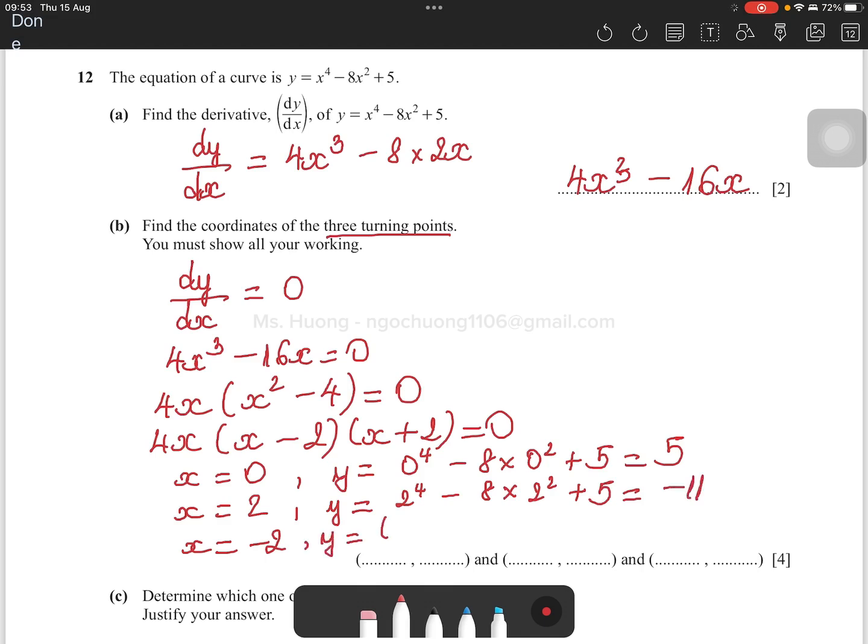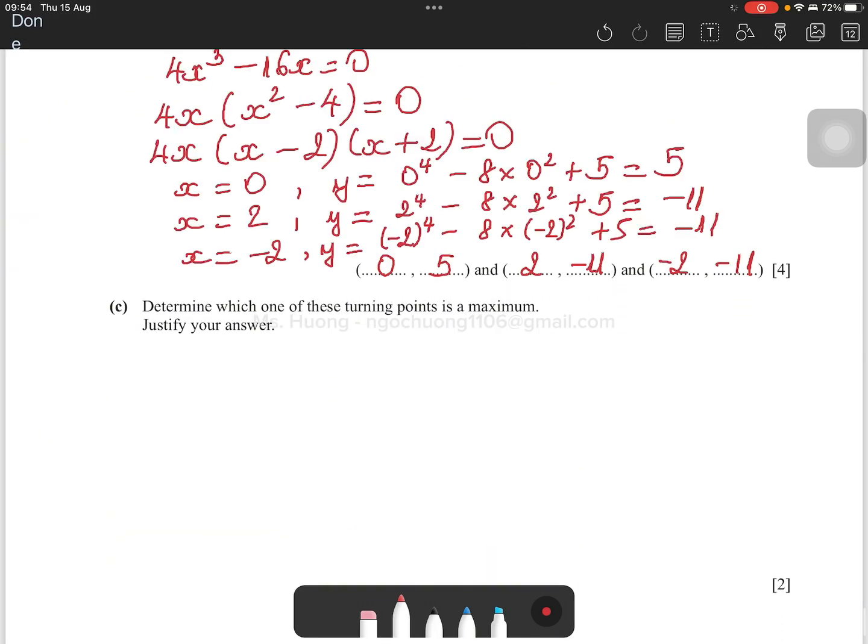And when x equals negative 2, y is negative 2 to the power 4 minus 8 times negative 2 squared plus 5, and it is also negative 11. So the 3 turning points are (0, 5), (2, negative 11), and (negative 2, negative 11).